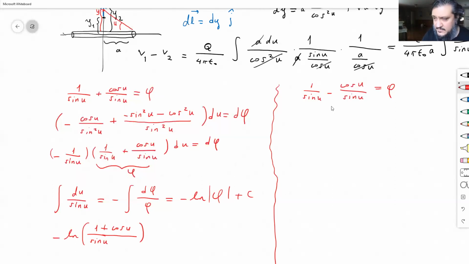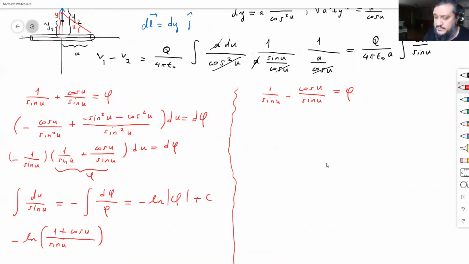Okay, what if you did the other way? Like, what if you subtracted the cotangent u? Let's see what would be different in that case. From the derivative, we'll still have negative cosine u over sine squared u. I'm just copying from the left-hand side. On the right-hand side, there's this negative, which you carry, and then cosine over sine. It's going to give you the same thing, same derivative, but there's a negative there. So that's negative 1. There's already a negative here, which makes this positive.